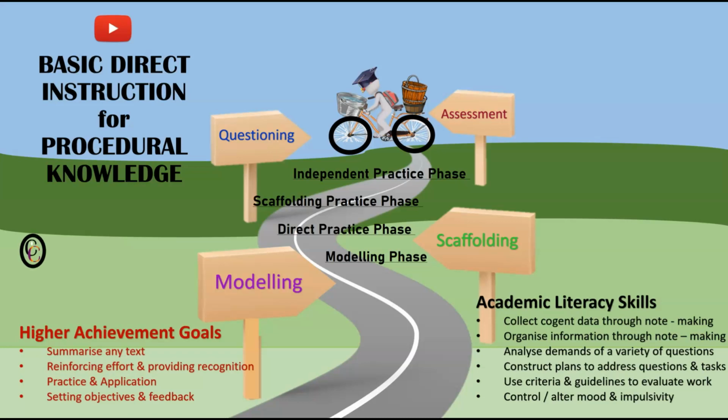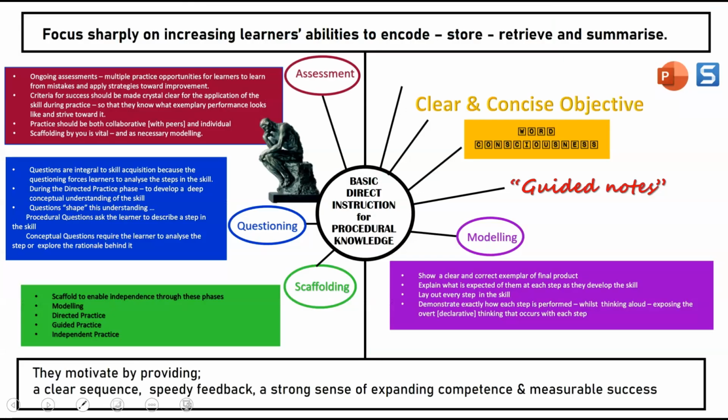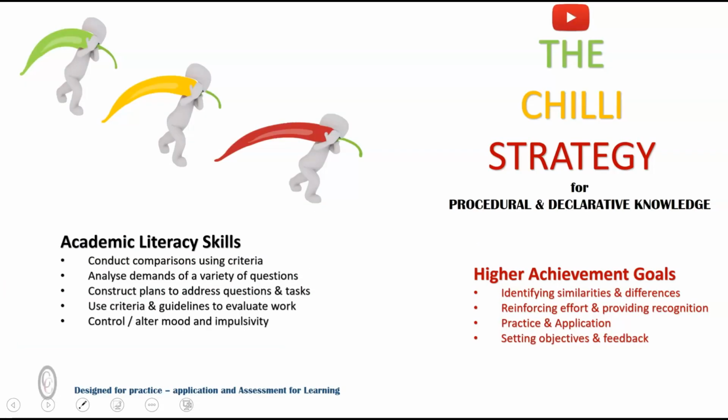Again, I've got in your higher achievement goals, your academic literacy skills, and what this strategy is designed for. Next, the understanding, the levels of understanding. So you can see applications very high, whereas empathy and interpretation are low. And then here you've got your elements that must be present for a basic direct instruction strategy.